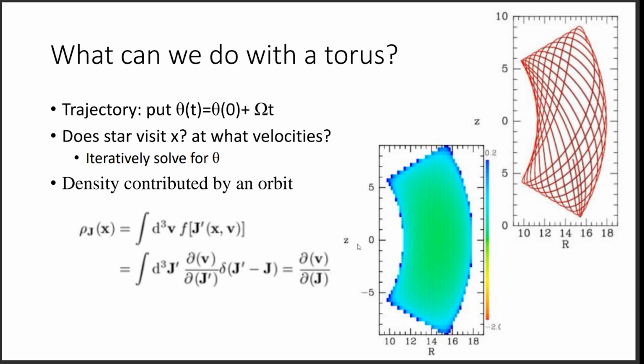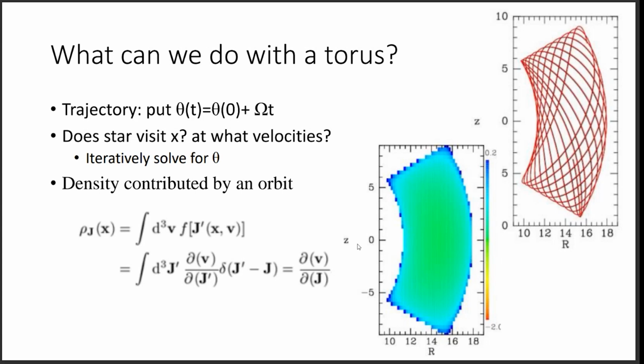You can ask the question, will the star visit this point here or this point here? And if so, at what velocities? Typically, as you can see from here, you visit any point within the orbit with 4 velocities, because you go along each of these lines in one of 2 directions.